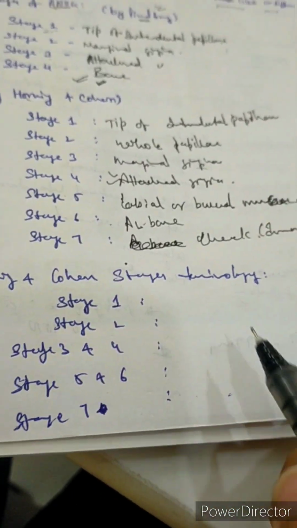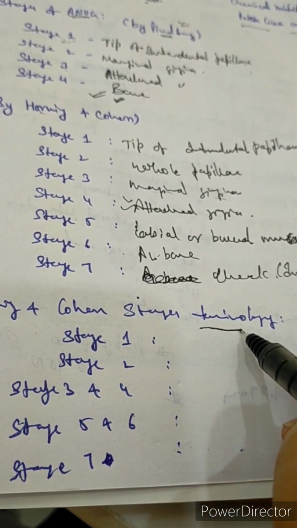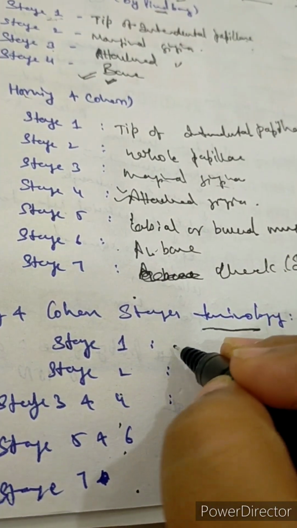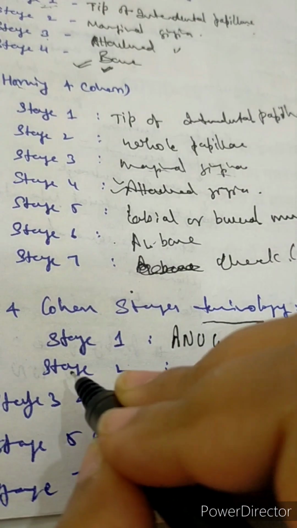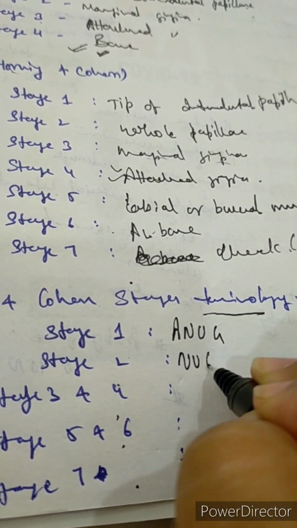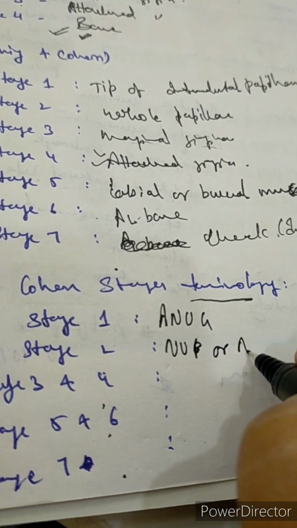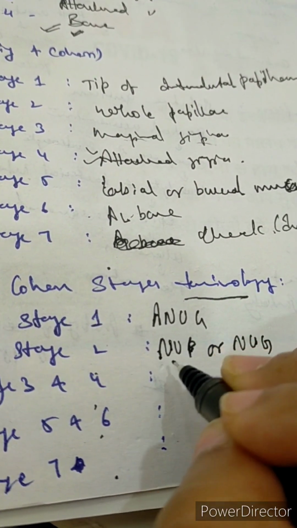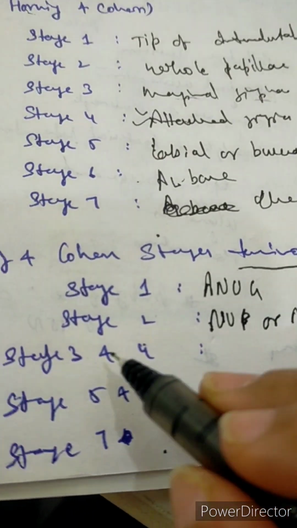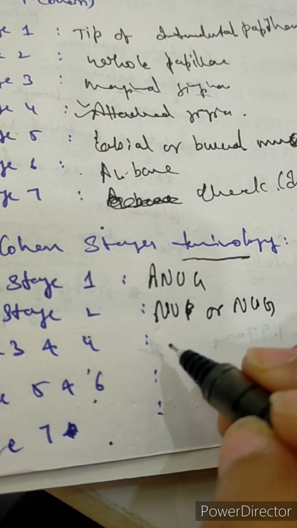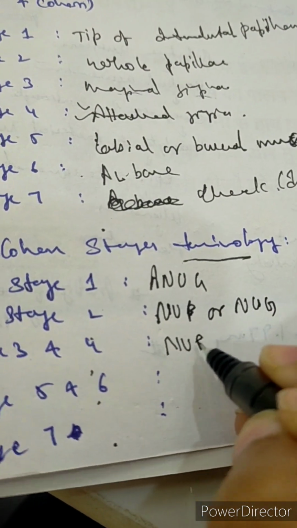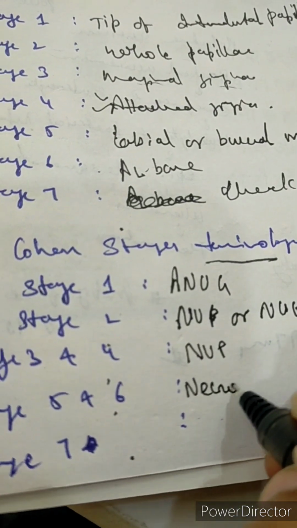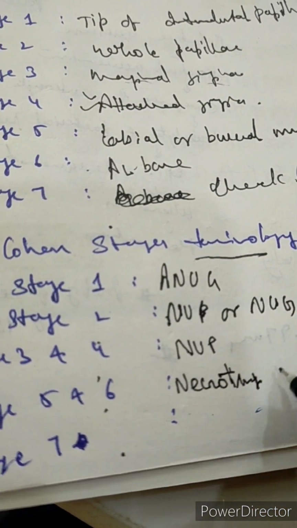Now Horning and Cohen gave a specific terminology for specific stages. For stage 1, it's the same, it's ANUG only. For stage 2, it's NUP or NUG. I'm assuming that you know what NUP and NUG are. Stages 3 and 4 are only NUP. Stages 5 and 6 are necrotizing stomatitis.